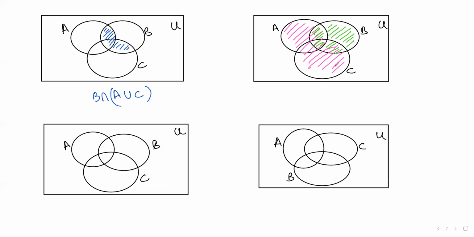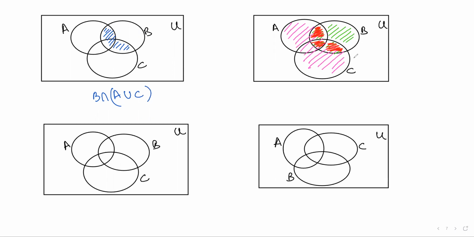Instead of deleting, let me use the red to highlight the common region. This region is common, this region is common, and this region is common, which is the required region. Hence, the required region has the value of B intersection A union C.